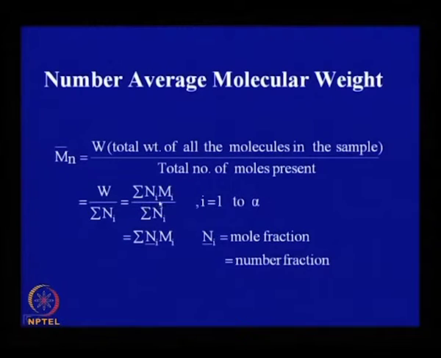Now, since it is based on counting the number of molecules of any species, say if you consider the ith species, in the ith species there are Ni number of molecules having Mi molecular weight.